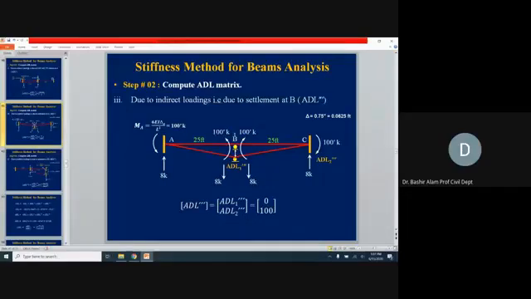How do we find out its magnitude? Its magnitude will be 6 EI delta, where delta is 0.0625, divided by L square. So you should be running this number on the calculator: 6 multiplied by 156.67 multiplied by delta, which is 0.0625, and divided by L square, which is 25 square.